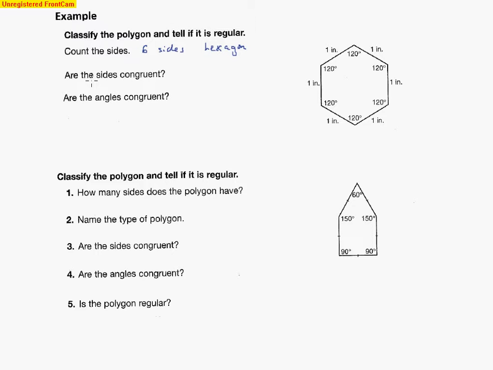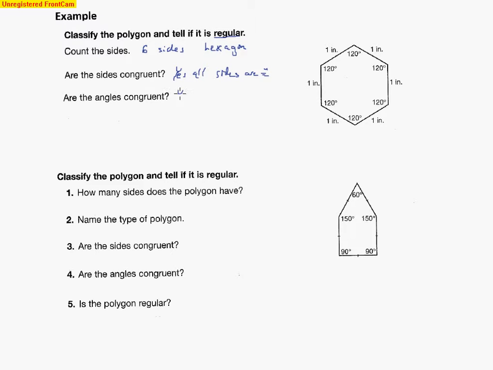And so now we're trying to figure out whether it's regular or not. So are all sides congruent? Yes. 1 inch, 1 inch, 1 inch, 1 inch, 1 inch, 1 inch. So yes, all sides are congruent. And so then it asks us, are all the angles congruent? Yes, they're all 120 degrees.